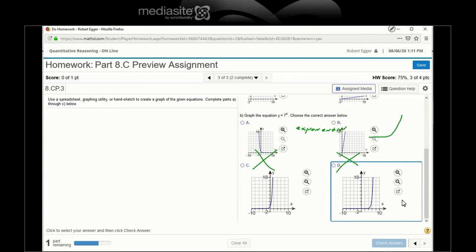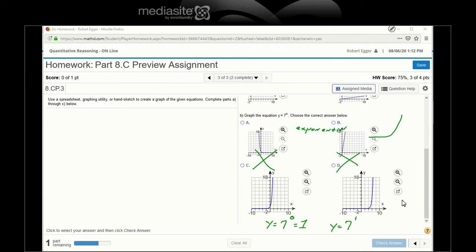Okay. One thing to note is a few key points. Y equals 7 when x is 0. A number raised to 0 power is going to be 1. And y equals 7 to the first.